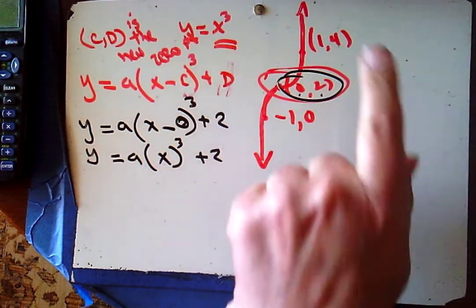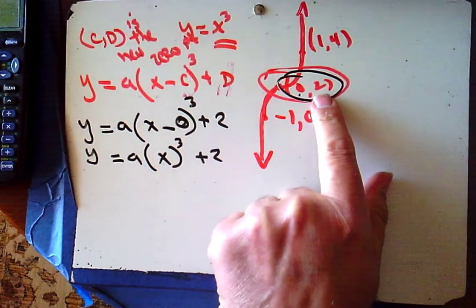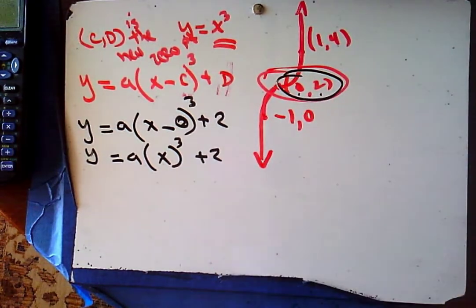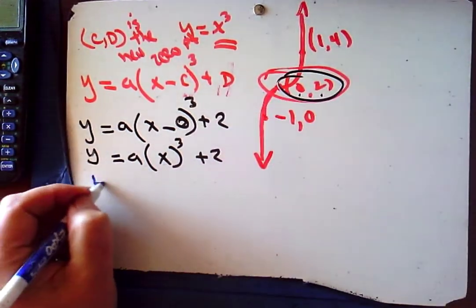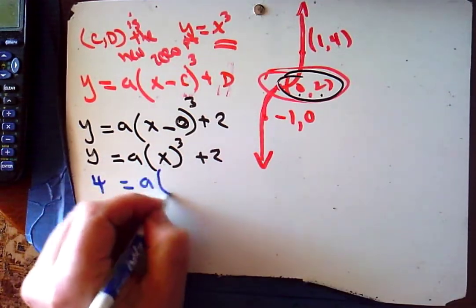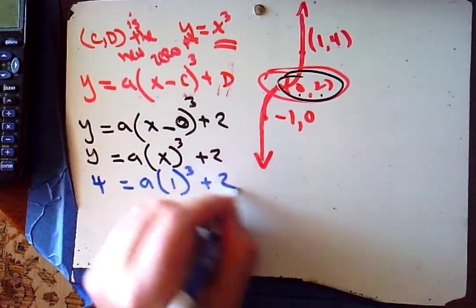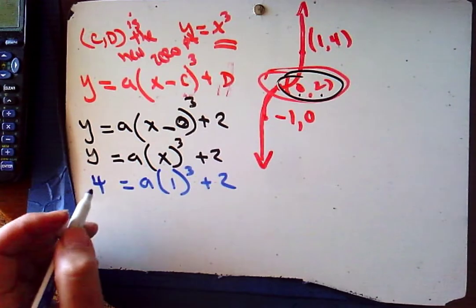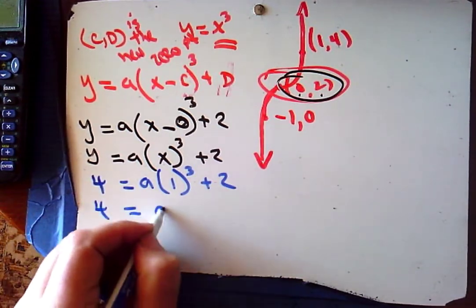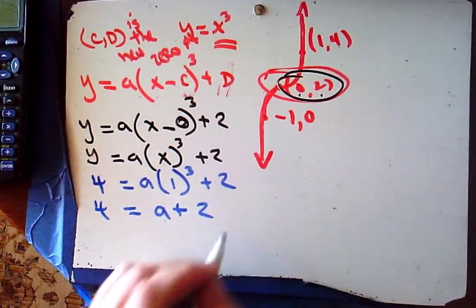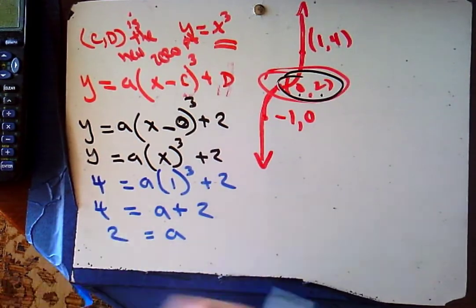Well, I need to plug in another point, not the same point, one of these other points. I'm going to plug in (1, 4). So 4 equals a times 1 to the third plus 2. So 4 equals a plus 2, a equals 2.